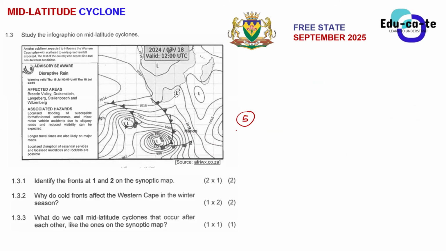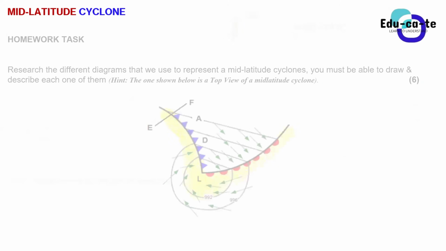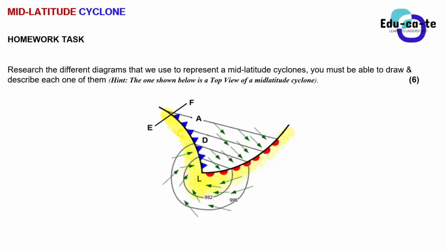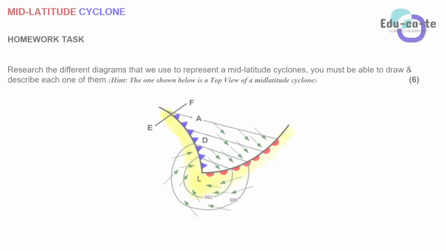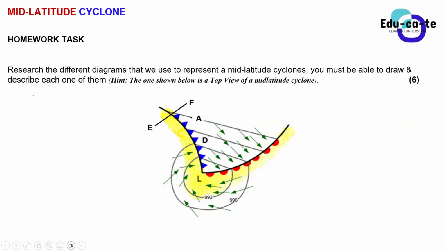You read the infographic, you study it, and then you answer question 1, question 2, and question 3, all of them. Then the last task, task number 6, kind of the last activity that you guys must come back with.